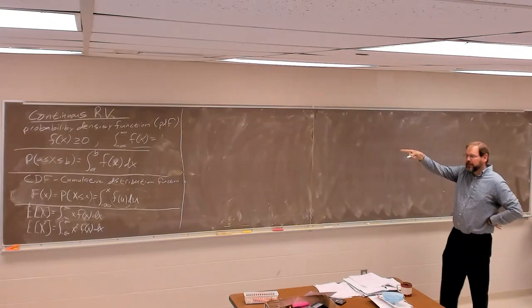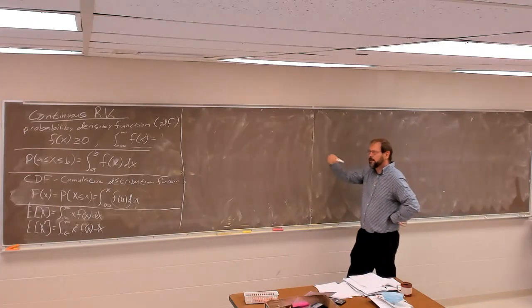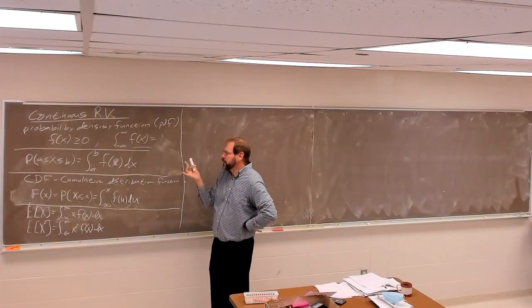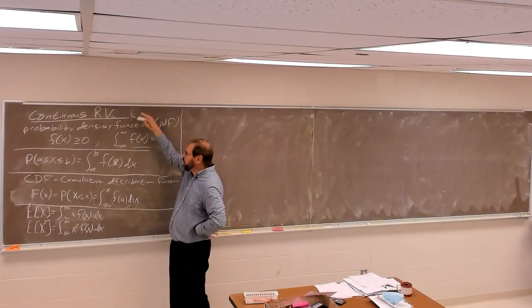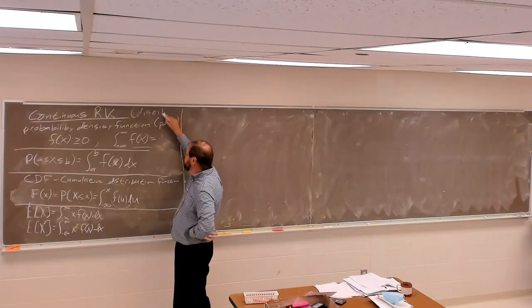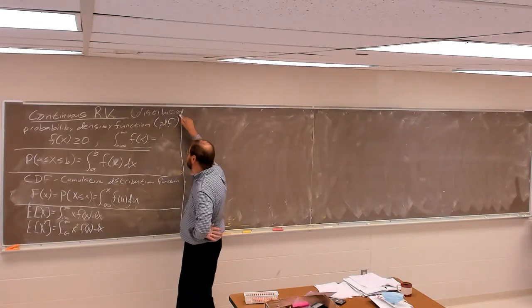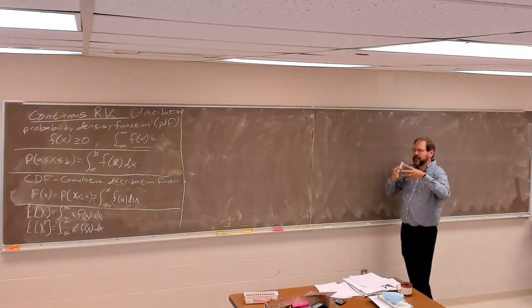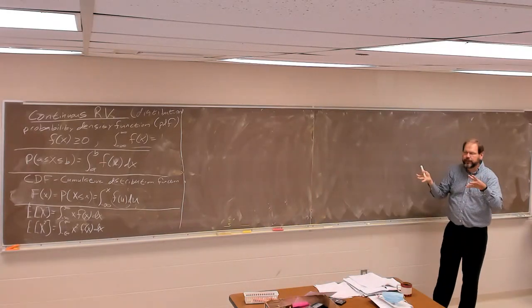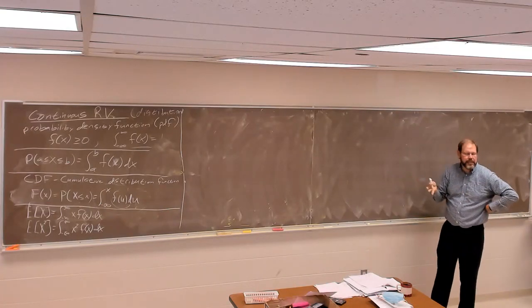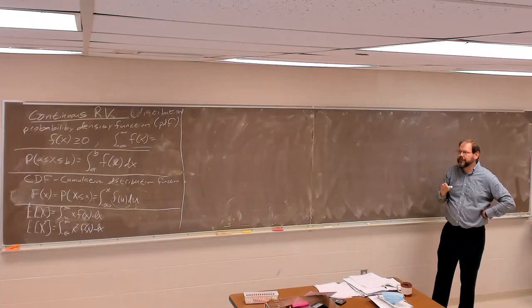So a lot of things are similar between continuous and discrete random variables. Some things are different. First, I'll start using the word distribution more instead of random variable. Distribution could be used with discrete also, but it puts more of a focus on the particular function we're interested in.